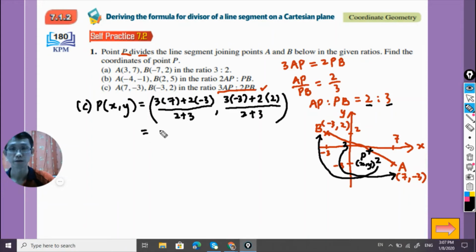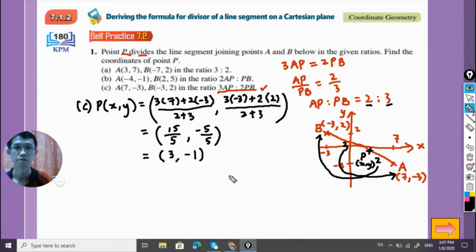So finally simplify, then you will get how many here? 21 plus -6, so it's 15 over 2 plus 3 is 5. And the other side, coordinate y, it will be 5 over 5. So simplify the terms, then you will get 3 over 1. So that's all. Okay, you got the answer for the coordinate P, which is 3, -1.